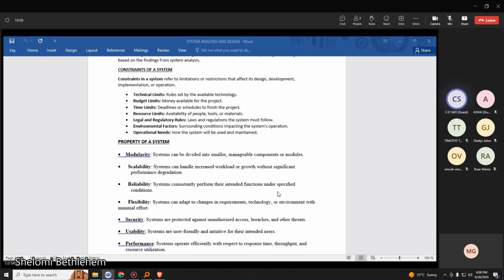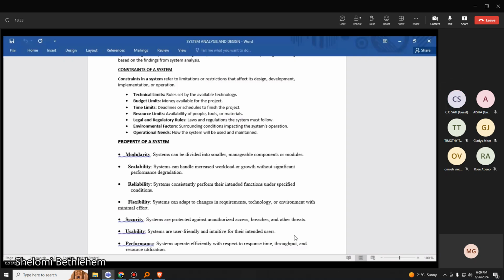Now let's proceed and have an explanation under the properties of a system I've stated. And I will ask Shilomi if you can get us an explanation of modularity as a property of a system. Yes, modularity is a property of a system.